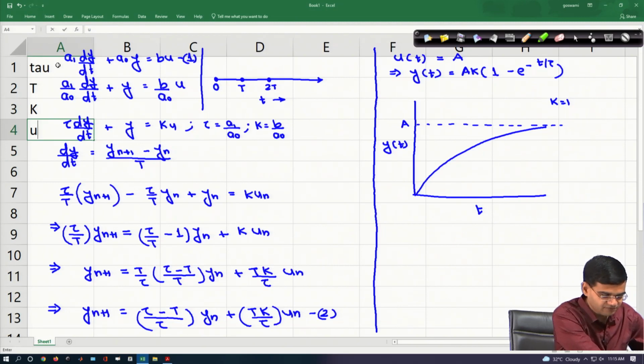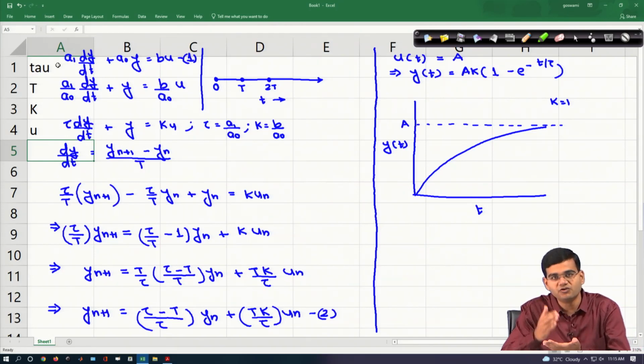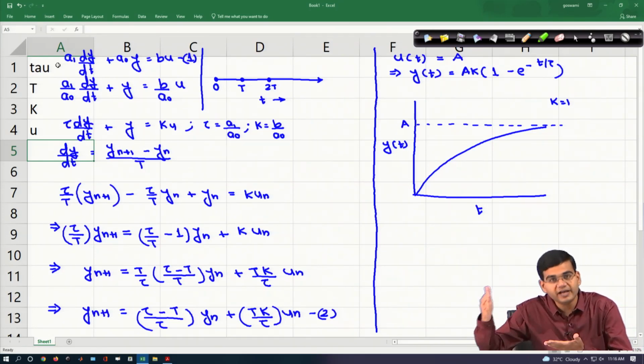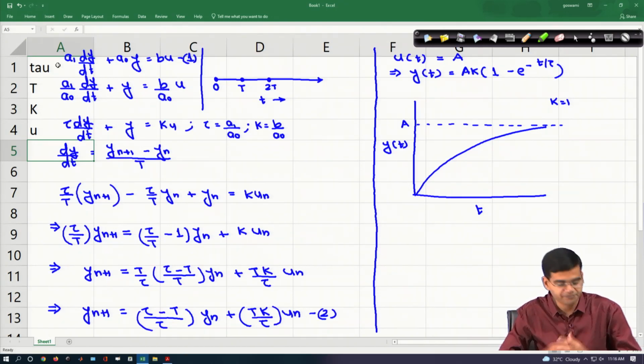And for a step input, u would be simply a constant. So, u of 0 is equal to u of 1 is equal to u of 2 is equal to u of n is equal to u of n plus 1, that is everything equal to a, right.